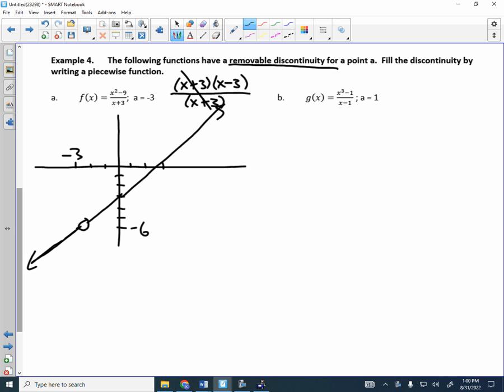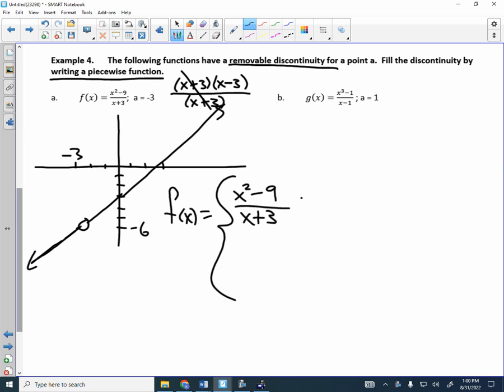Fill the discontinuity by writing a piecewise function. So here's what it's saying. We have f of x is equal to that guy, x squared minus 9 over x plus 3. This thing is continuous for all x values except what?